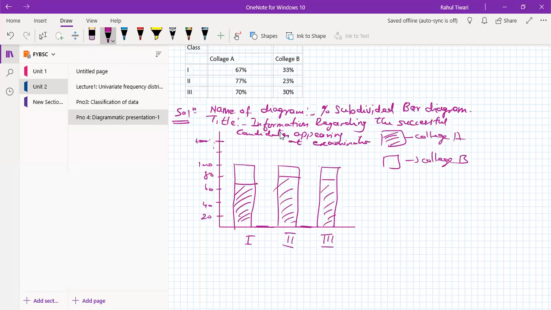So we need to define first the name of diagram, second the title, and then we need to draw the diagram. These three things we have to consider thoroughly, and we have to define here x-axis, y-axis. On X-axis we have classes, and on y-axis we have percentage of students.